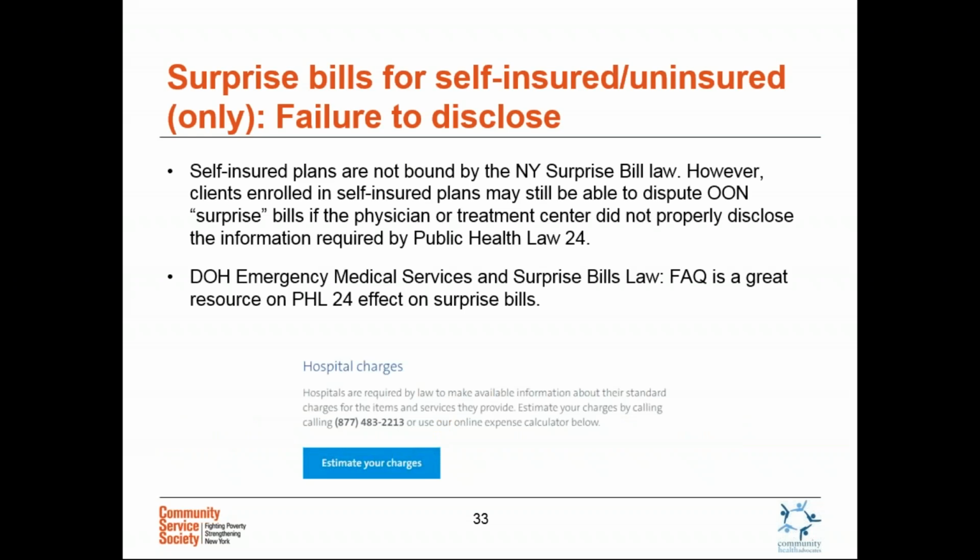Self-insured clients that get bills from out-of-network doctors that didn't properly disclose that they were out of network may dispute the charges as unreasonable through a process known as the independent dispute resolution process.